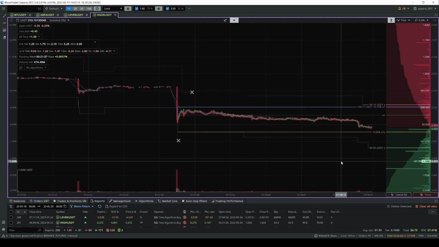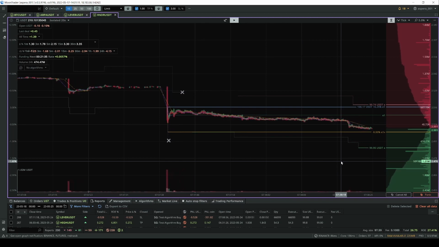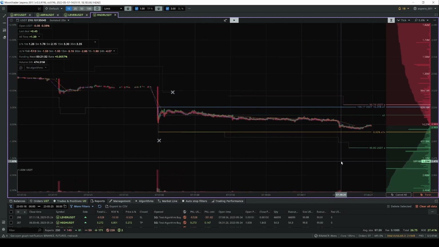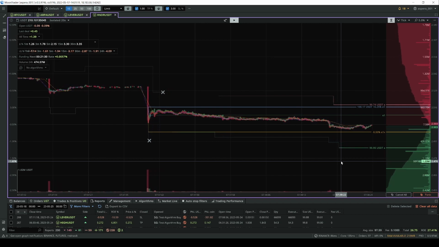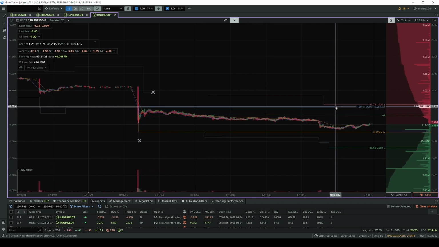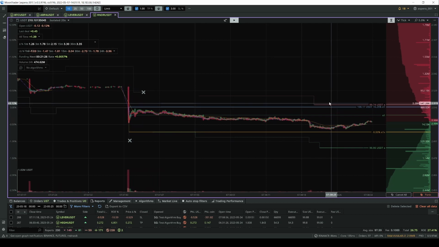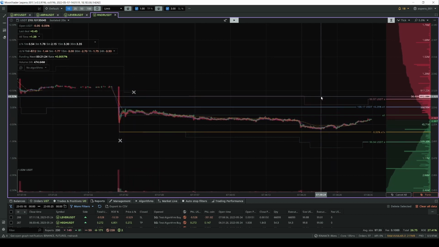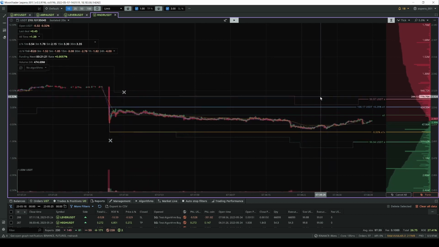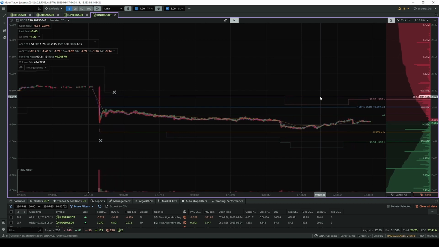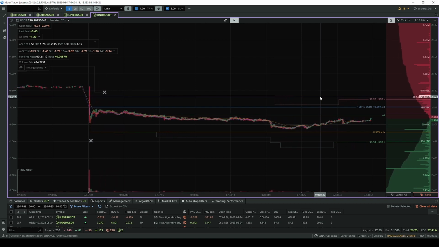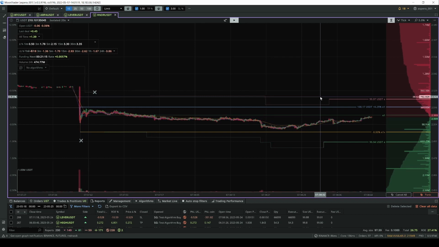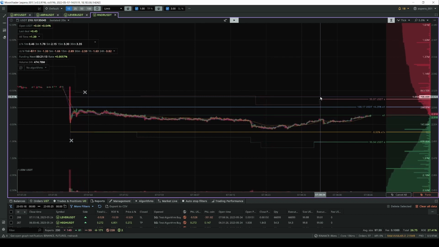Here is some more footage where I've opened the position and the price is now fluctuating between the take profit line in blue and the stop loss line in yellow. The shot did not roll back enough, so here we have an open position and all I have to do is watch what happens.